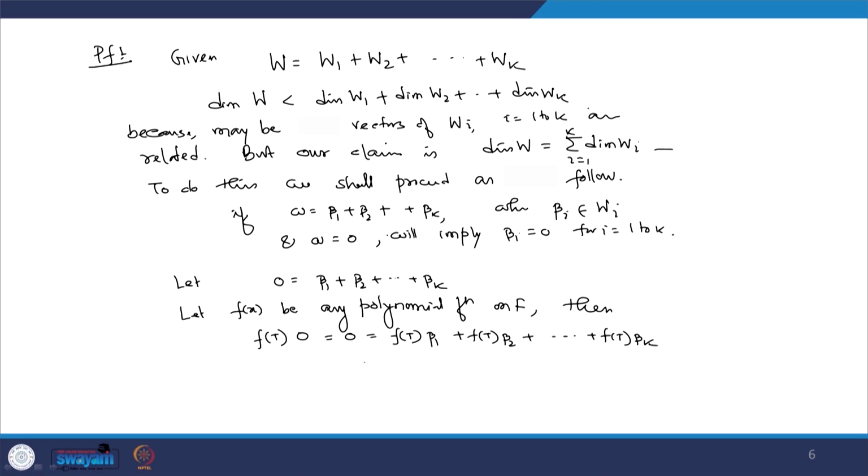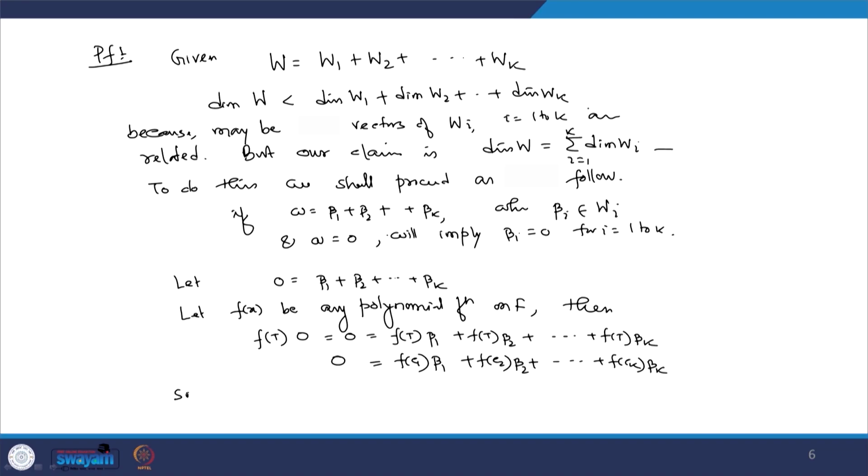As per the previous lemma, beta1 is an eigenvector associated to eigenvalue c1, so this will be f(c1) beta1 plus f(c2) beta2 plus ... plus f(ck) betak. So we have 0 equal to this quantity, and this is true for any polynomial.